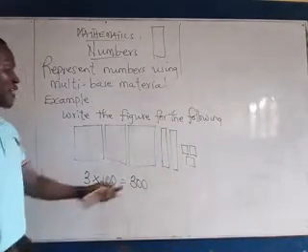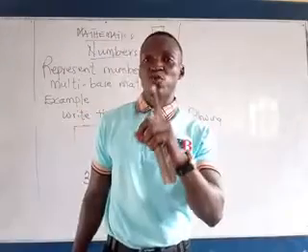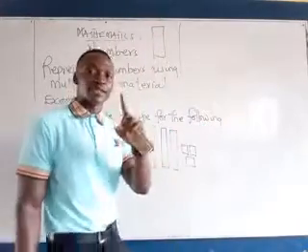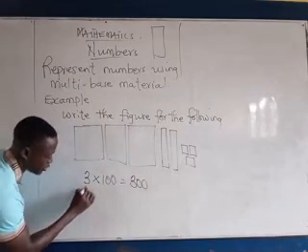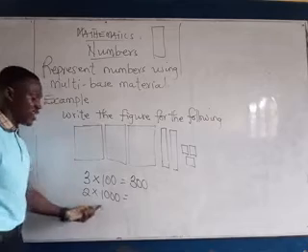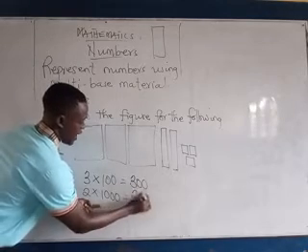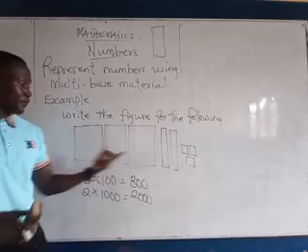And also we have 2 straight edge here. 1 straight edge is equal to 1,000, so we multiply these 2 by 1,000. 2 times 1,000 gives us 2,000.